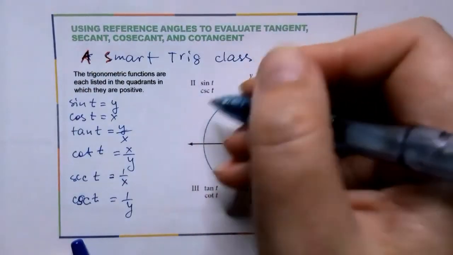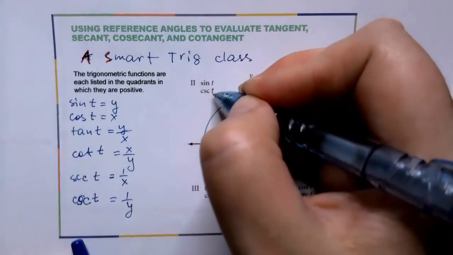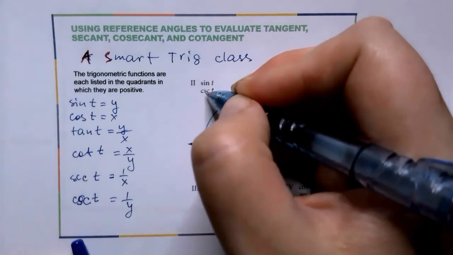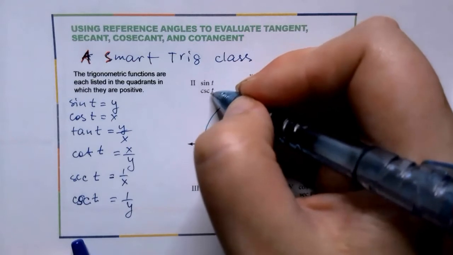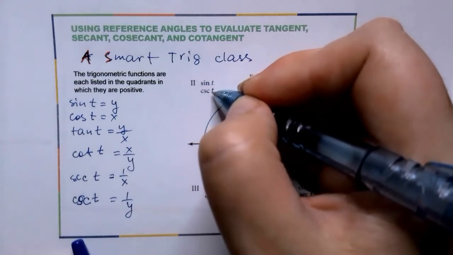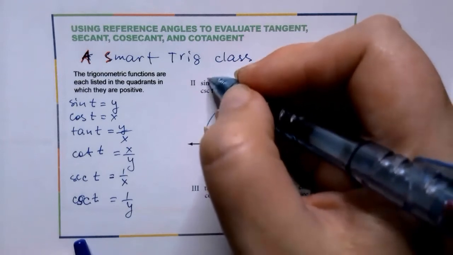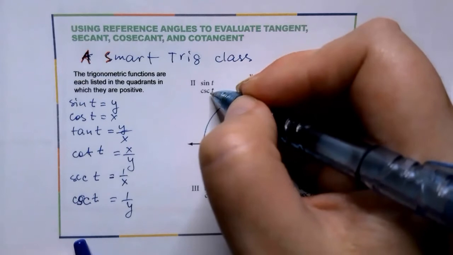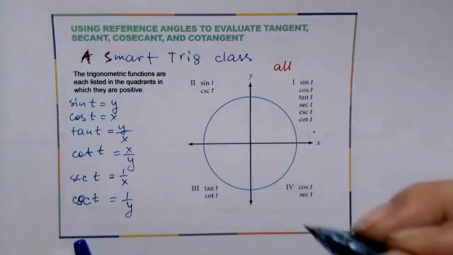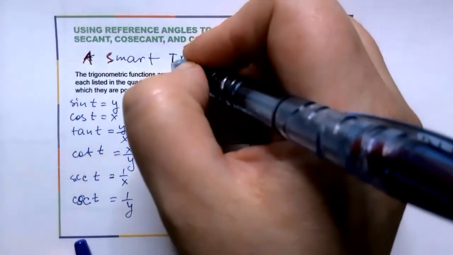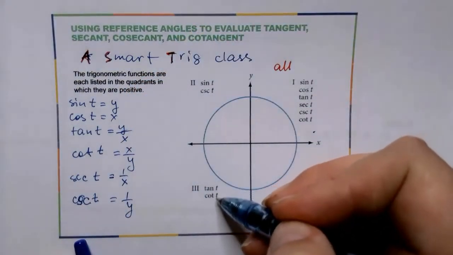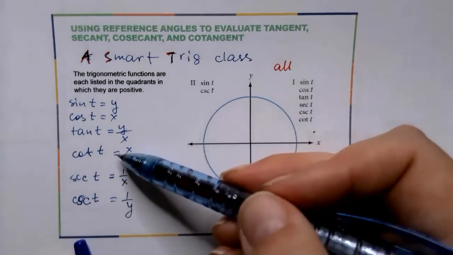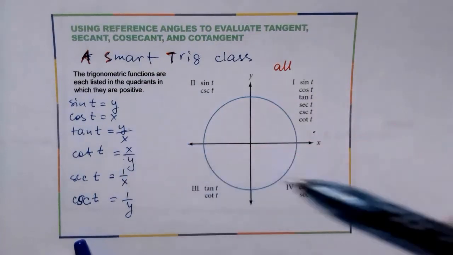S stands for sine and its reciprocal, cosecant. Cosecant is closely tied to sine because the definition of cosecant is 1 divided by sine, so they go in pairs. Now for the third quadrant, we have T, which stands for tangent and cotangent, again, a reciprocal of tangent.